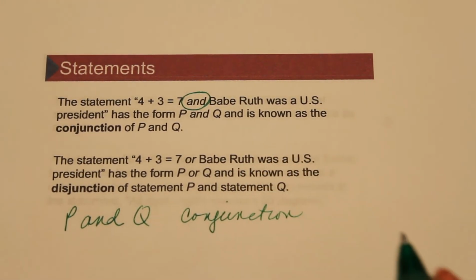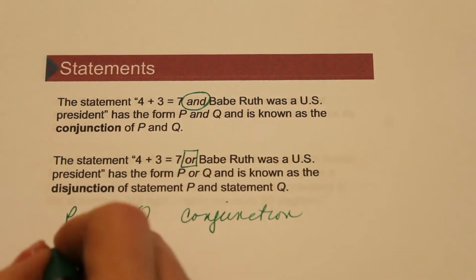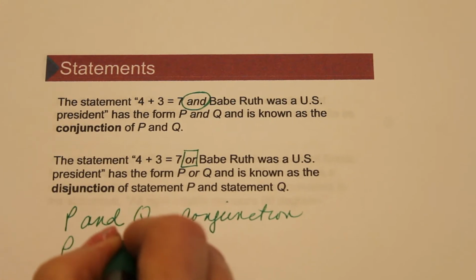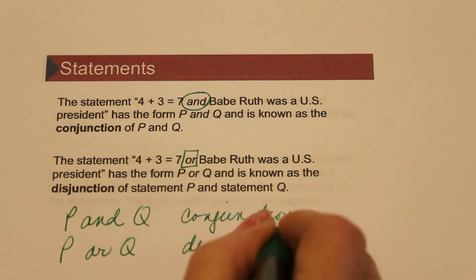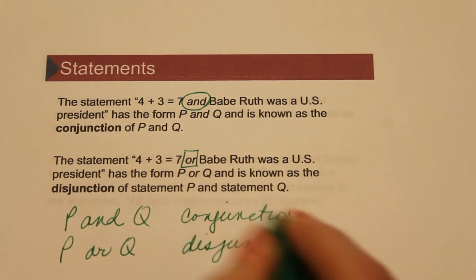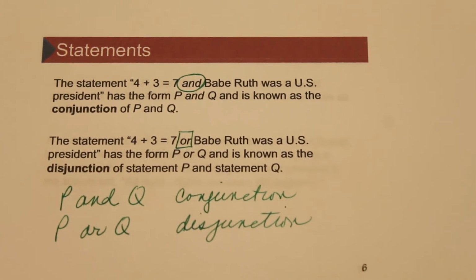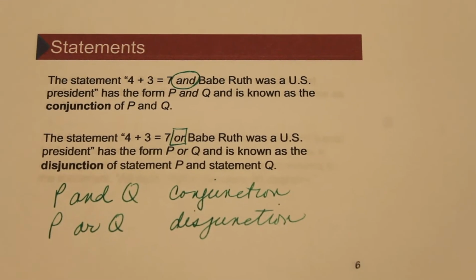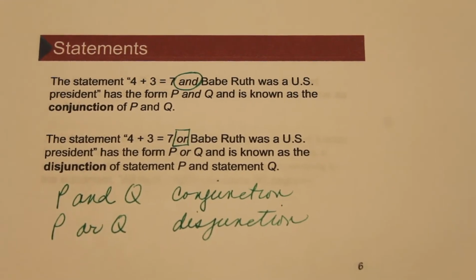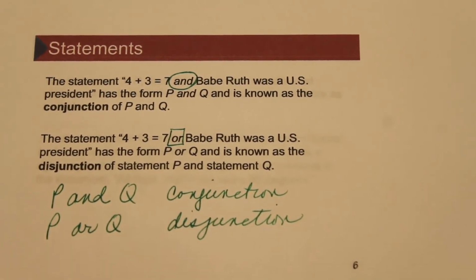Your disjunction will have an or: P or Q. That's your disjunction. And a conjunction and a disjunction will also have either a true or false meaning. It'll be asserted as either true or as false.